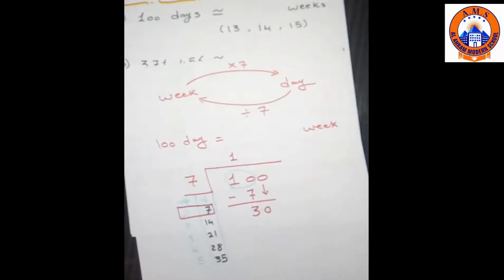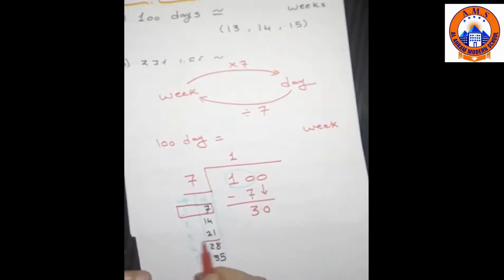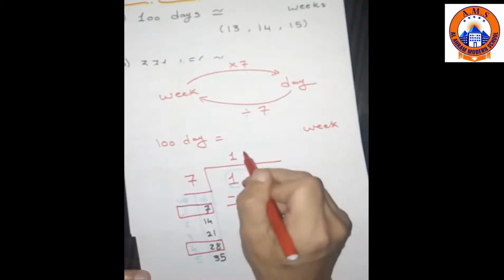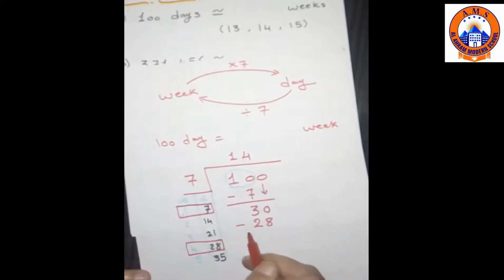Now we have 30. Let's search down for 30. There is no 30. So the nearest result to 30 is 28. I'm going to choose 28. I will put 28 down, and it has 4 up. I'm going to put 4 up. And then subtract. 30 minus 28, we have 2.